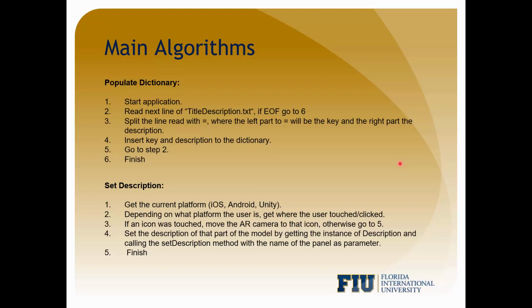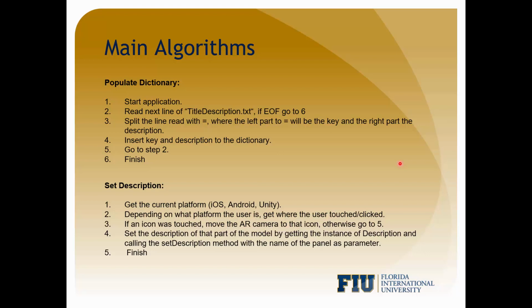The event is, for example in Unity, where the user clicked, or in iOS or Android, where the user touched. I'm splitting that because iOS and Android have different ways of handling touches.